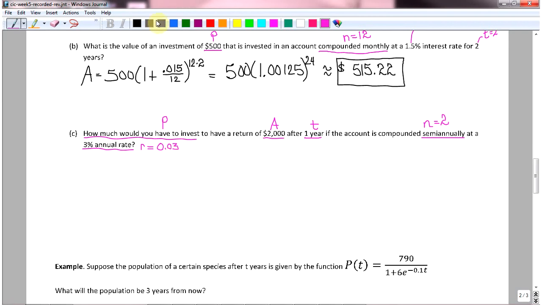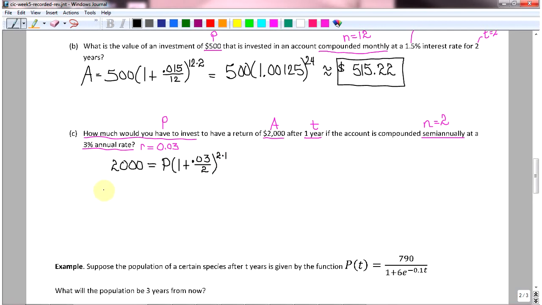Okay, so this one's a little bit different because we know what our value of A is. So 2,000 is equal to our principal. We don't know it, so we keep that variable, times 1 plus R, 0.03, divided by N, which is 2, raised to the N times T, so we have 2 times 1.